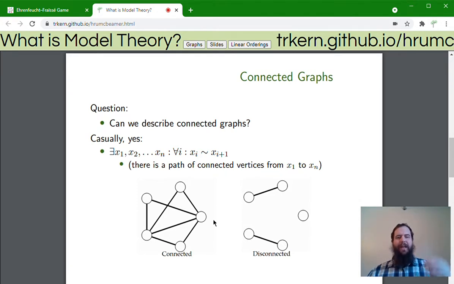Where would we even start? Because there's all of these pieces that work together. There's the Boolean logic, there's the graph theory parts, there's the quantifiers, and they all fit together to make these really complicated formulas. How could we prove that there's no formula that can describe when a graph is connected or not?